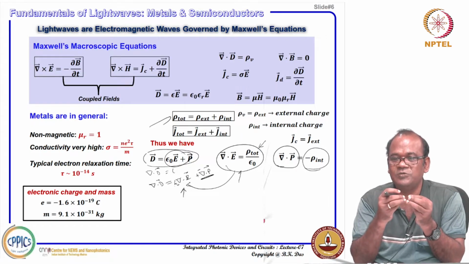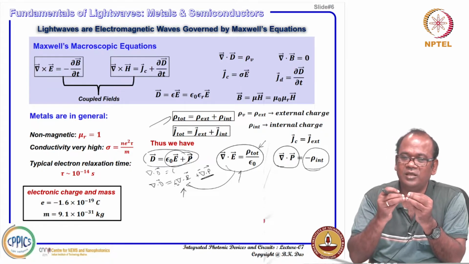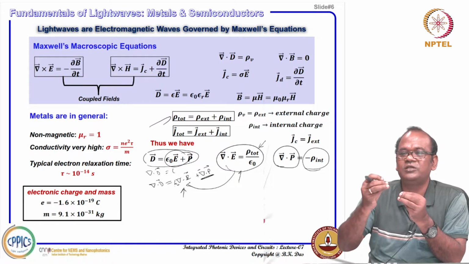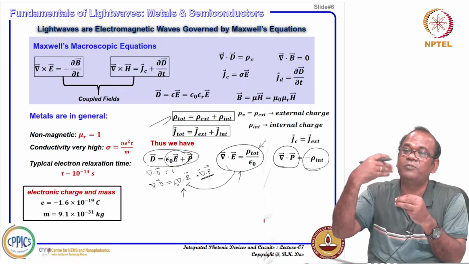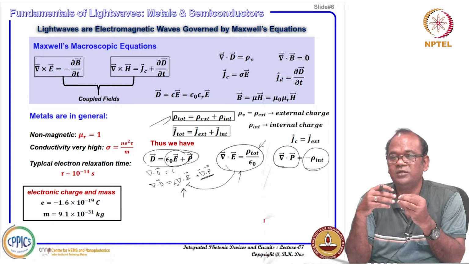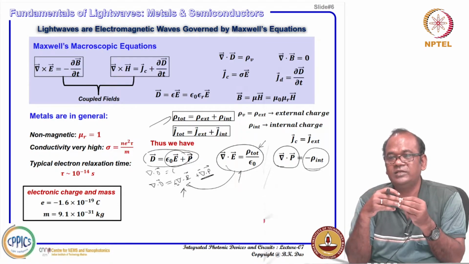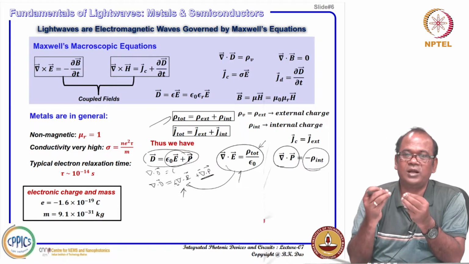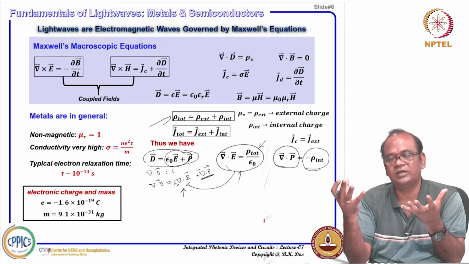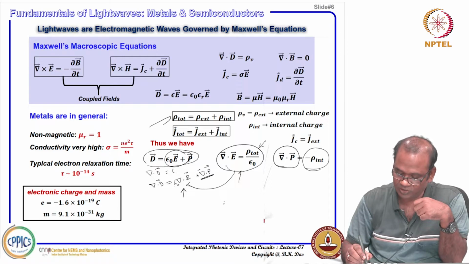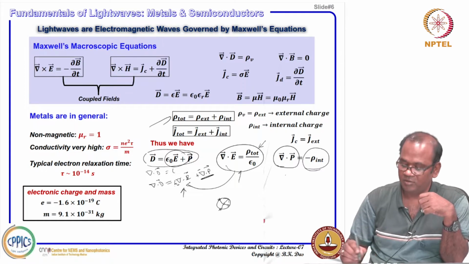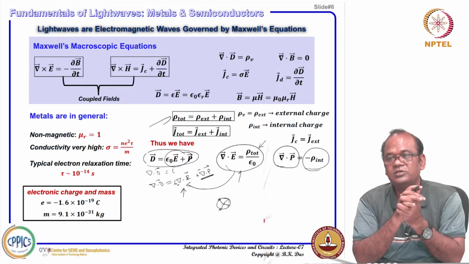Polarization density means that when you apply an electric field, the electron is displaced a little with respect to the atom, creating a dipole moment per unit volume, which is called polarization. That polarization happens because of charge separation, right. So if you take the divergence of P at any point, that is nothing but the charge.